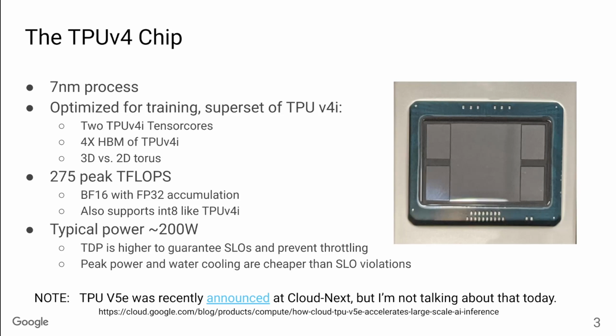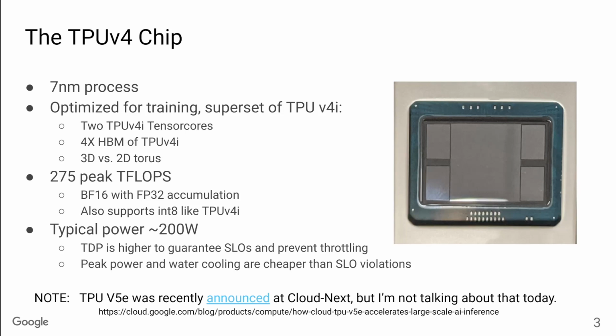In terms of basic raw stats, it's got 275 peak teraflops of BF16. It also supports int8, but in this generation doesn't give you any particular advantage of int8 other than in memory bandwidth, because there's no special purpose hardware for int8 flops. Typical power is about 200 watts.